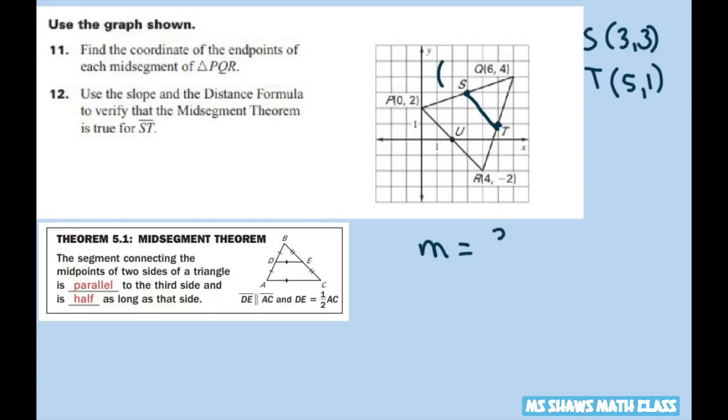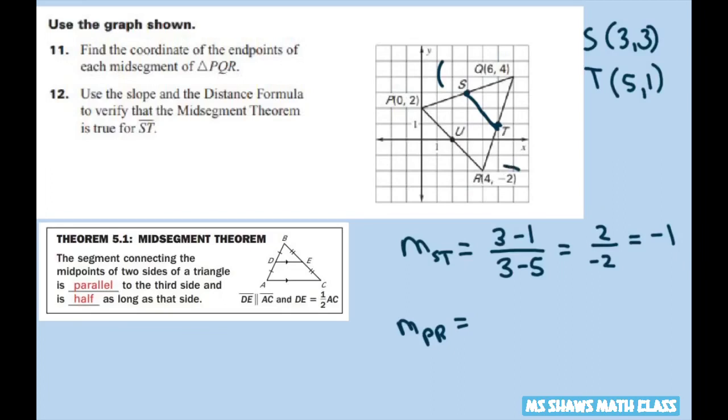So we're going to have 3 minus 1 divided by 3 minus 5. That's going to give us 2 divided by negative 2, which equals negative 1. So that's the slope of ST.